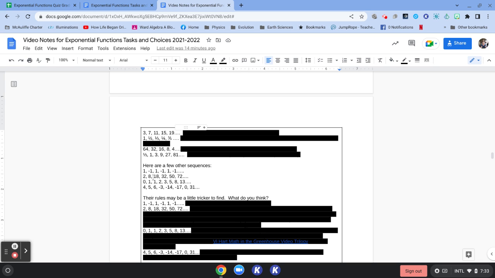Basically, it's doubling a list of square numbers, 1, 4, 9, 16, 25, 36, and so on. So you could treat this as a quadratic sequence where it's 2 times the term index squared. So 2 times 1 squared, 2 times 2 squared, 2 times the square of 3, 2 times the square of 4, 2 times the square of 5, 2 times the square of 6.